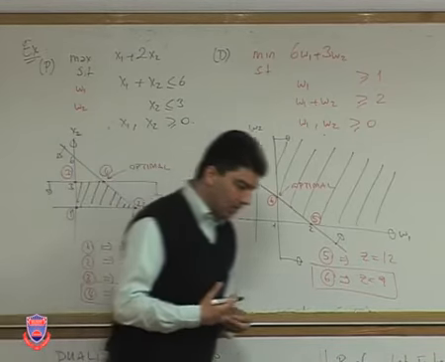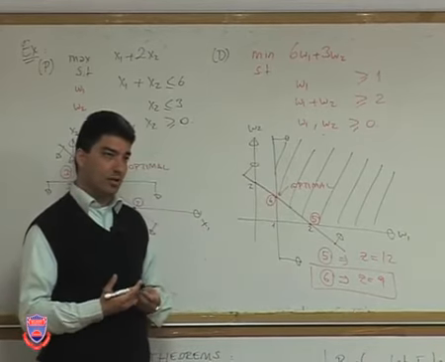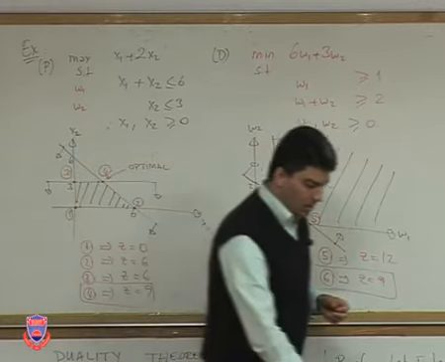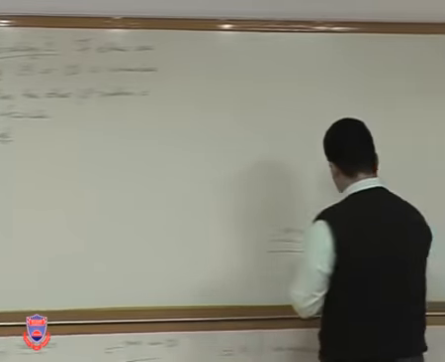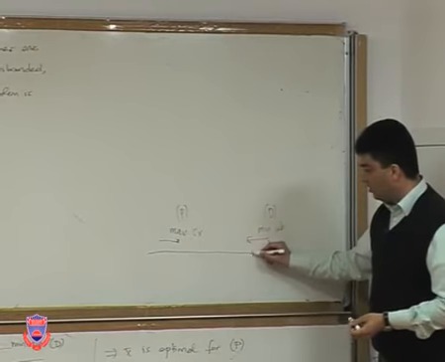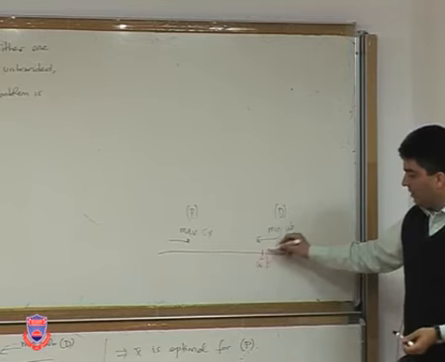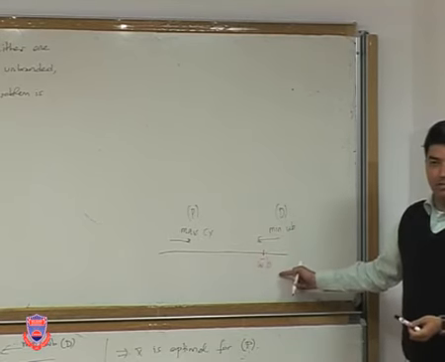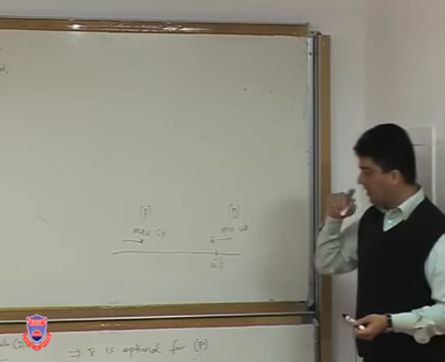Well, that means that it has at least one feasible solution, by definition. Whatever that solution is, let's call it W bar, there's a corresponding objective function value. So somewhere on the real line, there's going to be a corresponding value W bar B, the objective function value of the feasible solution of the dual problem.